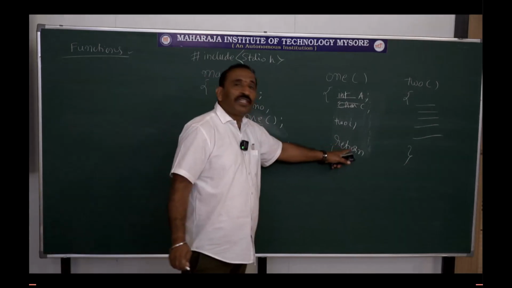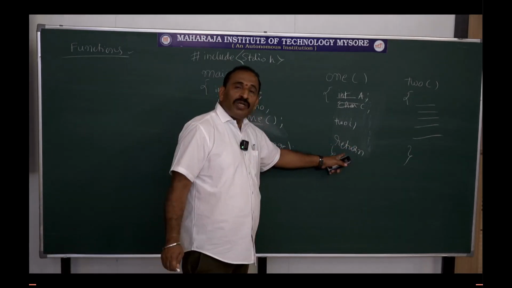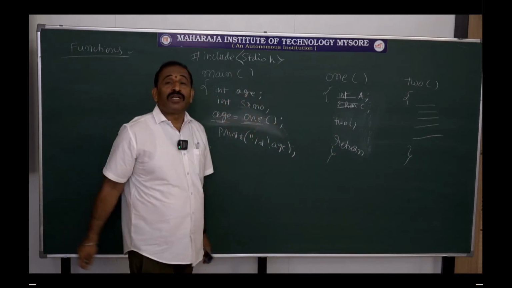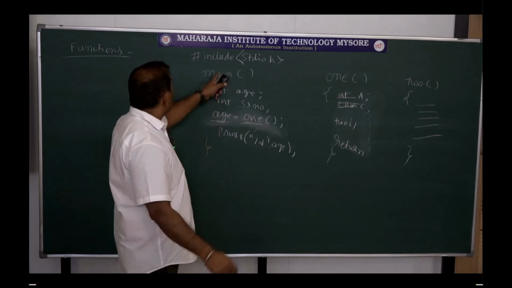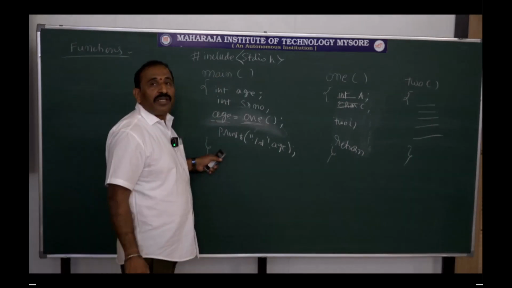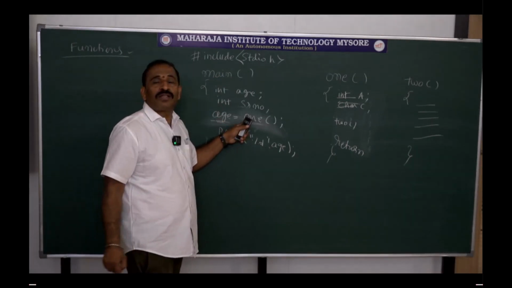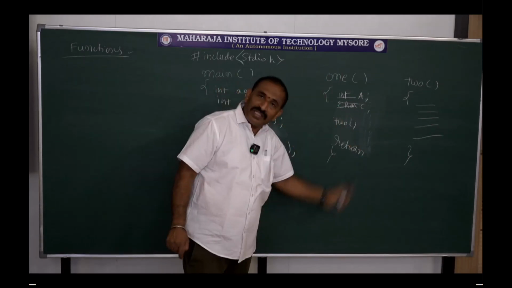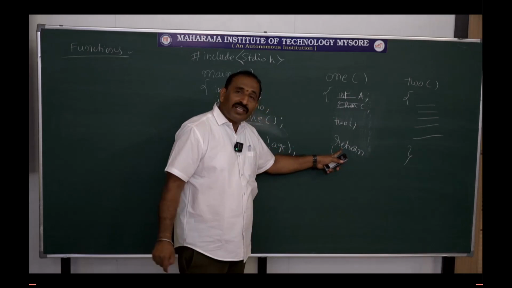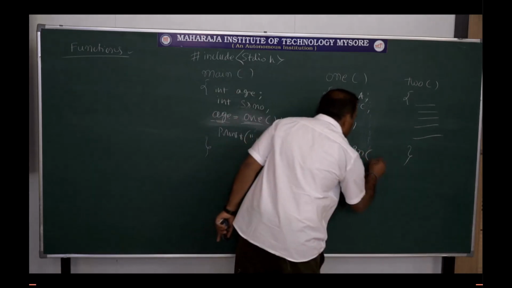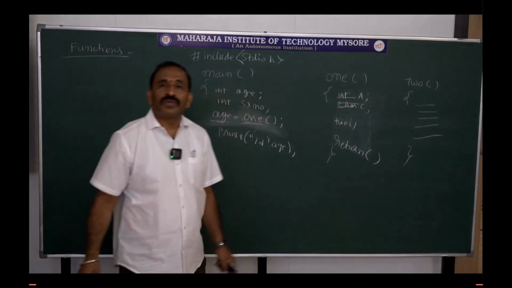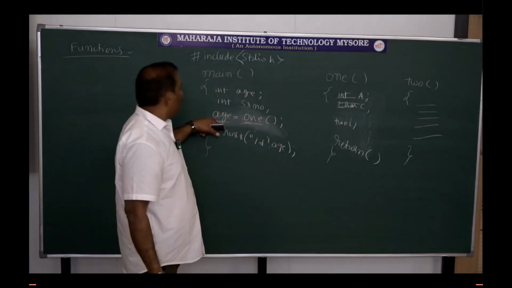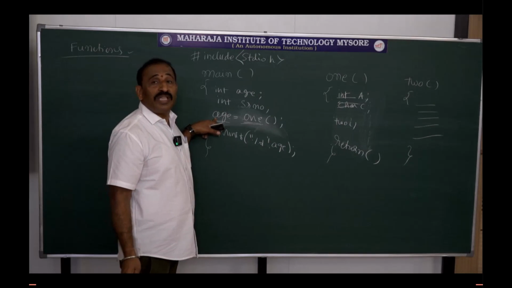This return statement is used to return the value to the calling function. Which is the calling function? Here main is the calling function. It is calling function 1. So 1 is executing some lines of code and returns something, and what is returned is assigned to age.